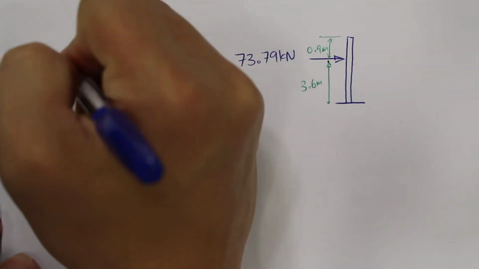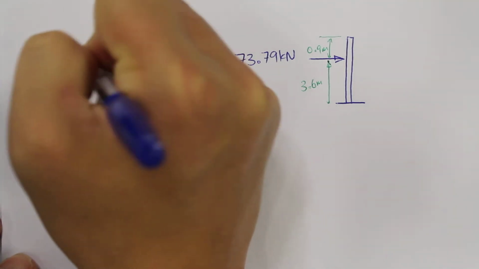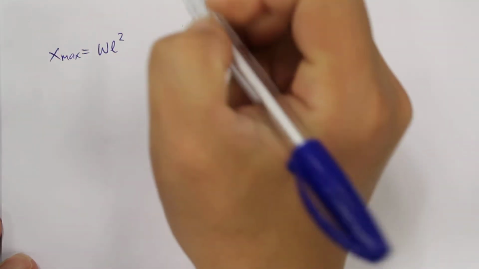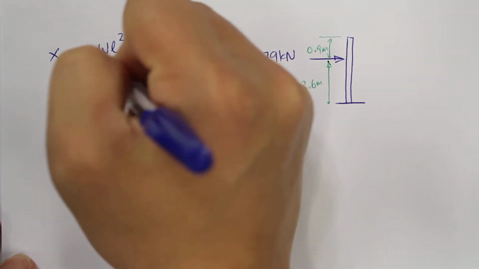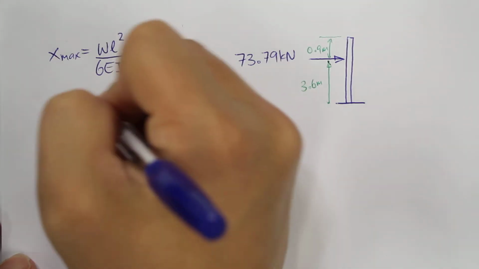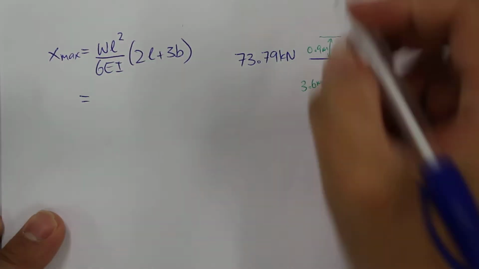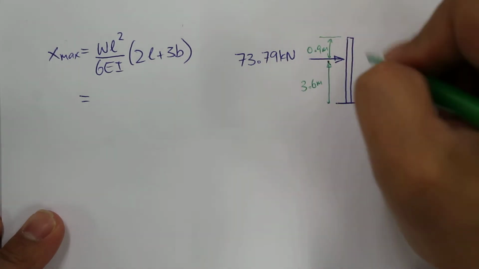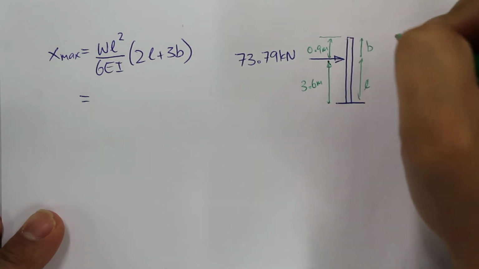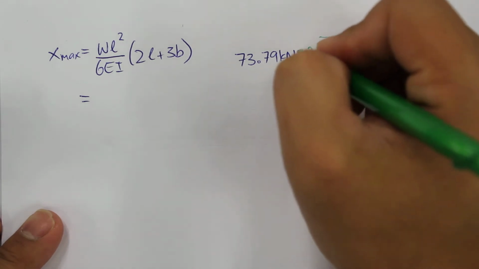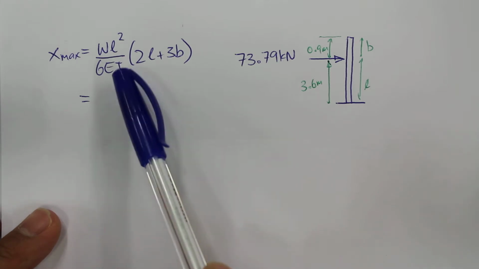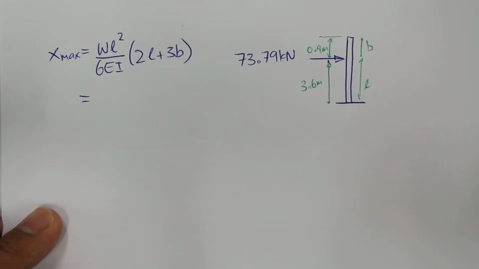Alright, so we can write down X max is equal to W L squared divided by 6 EI times 2L plus 3B, where this distance at the base here is L, this distance is B, and W is the magnitude of the force, and E and I are the modulus of elasticity and our second moment of area for bending in that section as well.